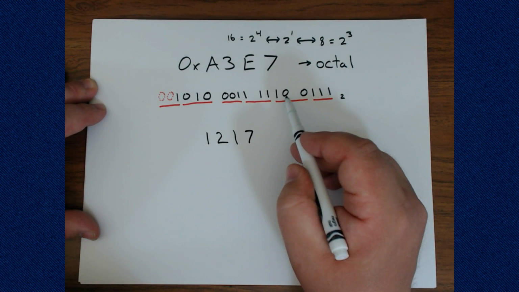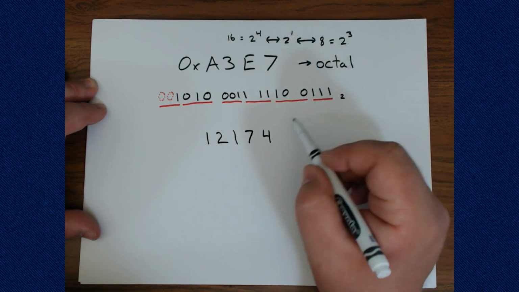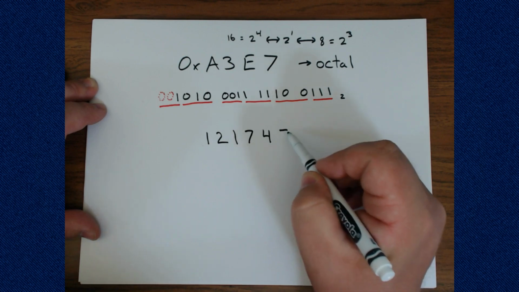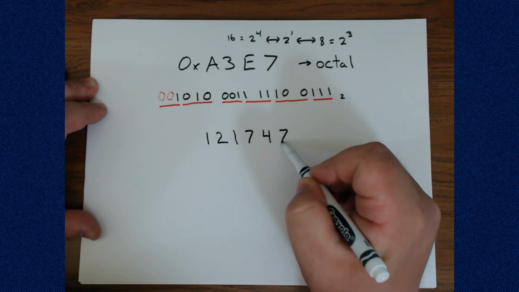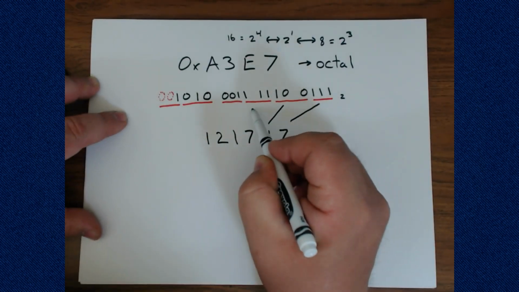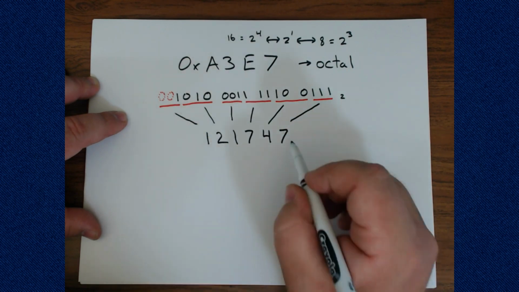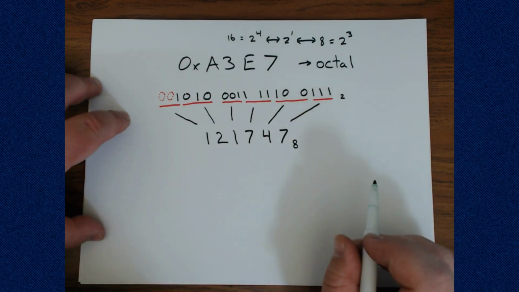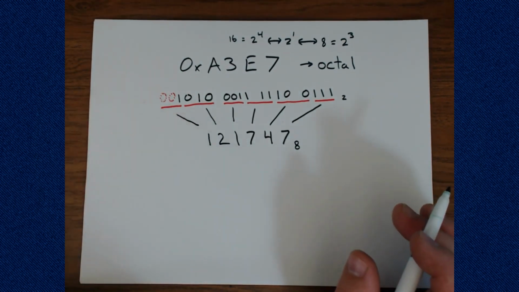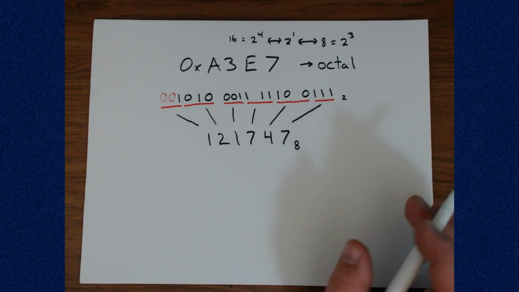This is 4 and nobody else, so 4. And this is 4 plus 2 plus 1 is 7. So each of these little clusters of bits is connected to a single octal digit in our answer. And that lets us convert from hexadecimal to octal.